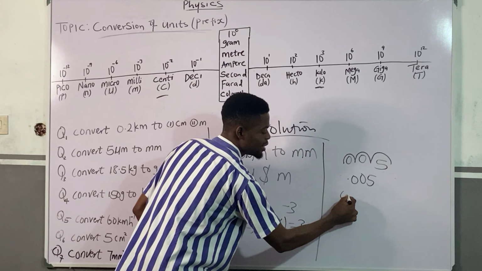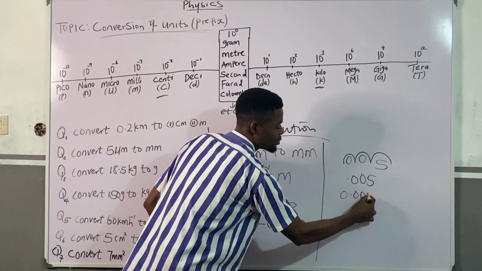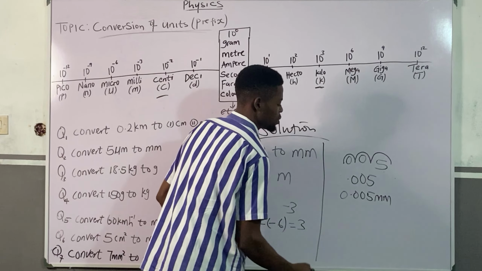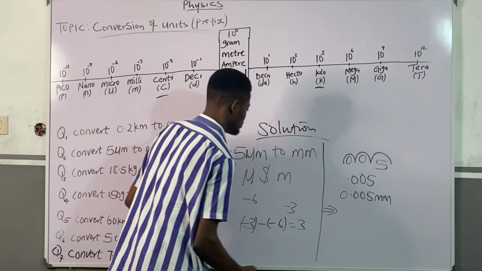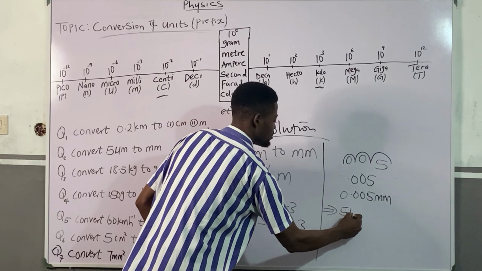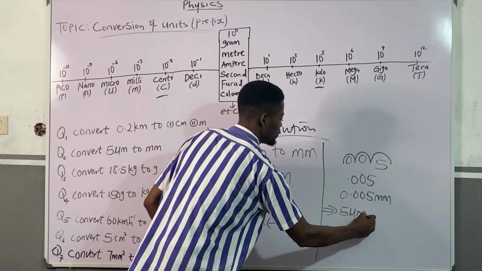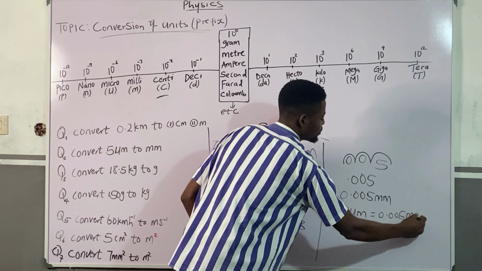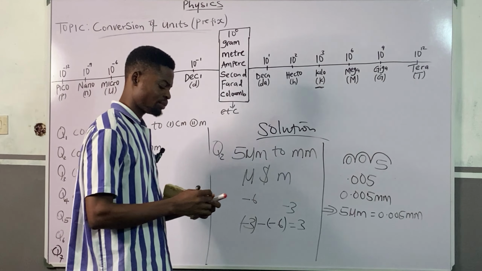So you now have 0.005 in what? Millimeter. So it therefore implies that 5 micrometer is equals to 0.005 millimeter. And that is what you have.